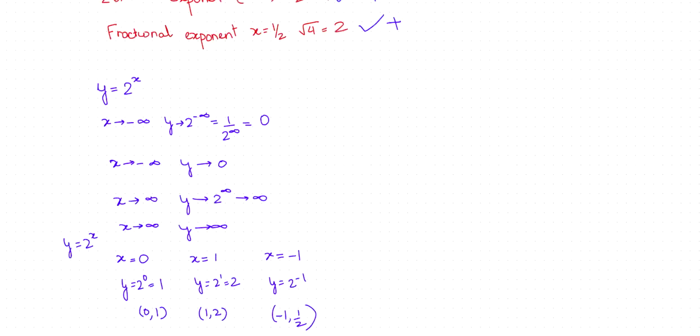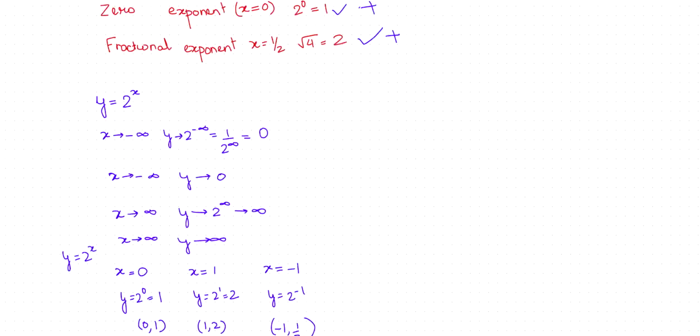Now we see when x tends to negative infinity, y will be 2 raised to power negative infinity, which is 1 over 2 raised to power infinity, and 1 over infinity, we know, is equal to 0. So when x tends to negative infinity, y will tend to 0. This is the end behavior.